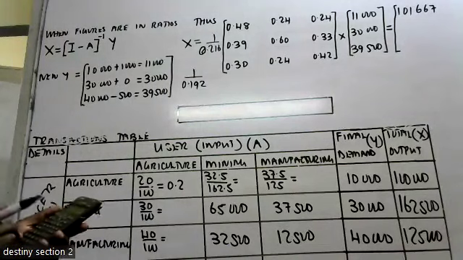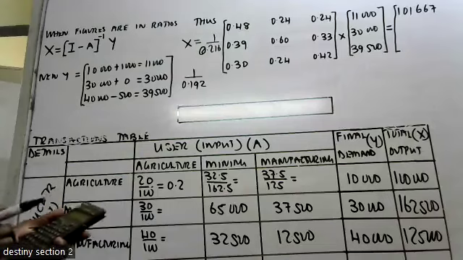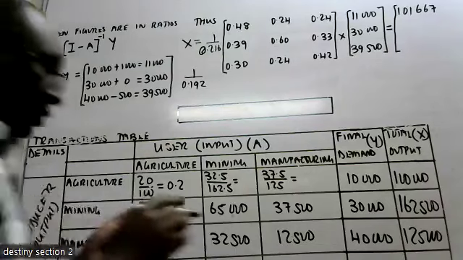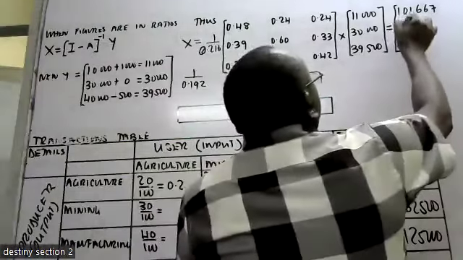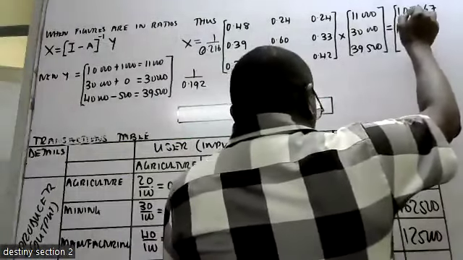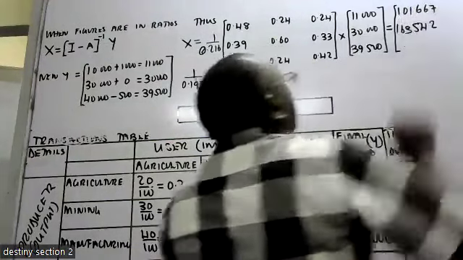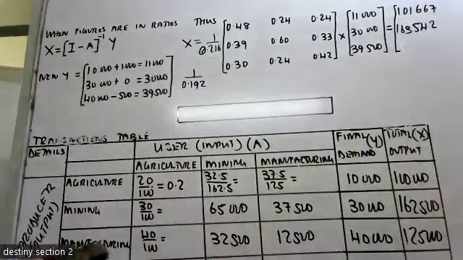Then 0.39 times 11,000 plus 0.6 times 30,000 plus 0.33 times 39,500, you divide by 0.216. It is 163,542.